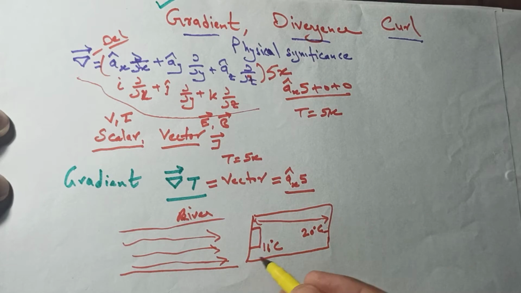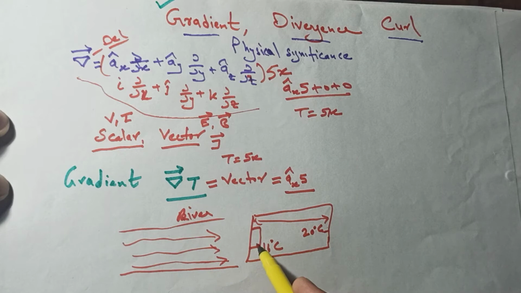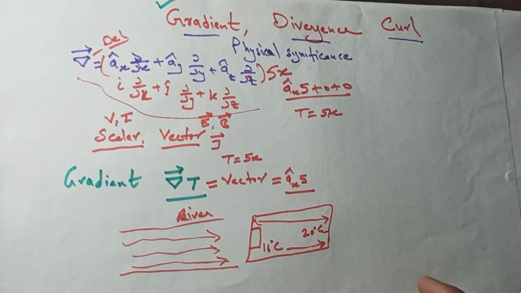So there is a 4 degree difference, and this difference is given by the gradient. If you take the gradient of the temperature, you can easily find that in this direction your temperature will increase. So the maximum rate of increase or maximum rate of decrease of any physical quantity is given by the gradient.